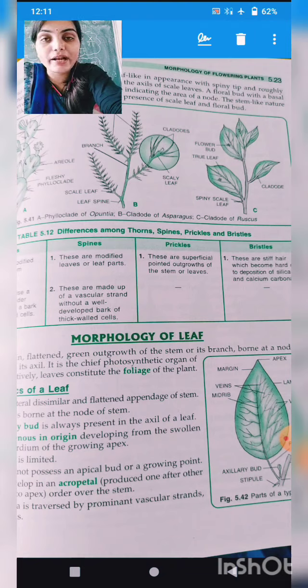Here you can see the cladode, the modification of stem is done in the leaflets form. Okay. Now the cladodes of Ruscus. Here also you can see cladode like structures found beside the leaves. Okay. So there are the different modifications of stem which we had seen in the previous diagrams.